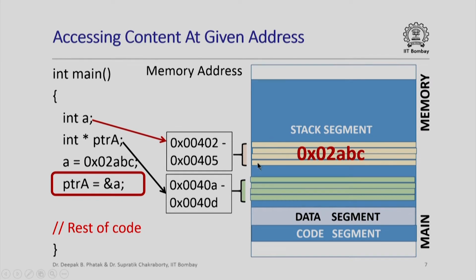There are 4 memory locations corresponding to variable a, and as we have seen in the earlier lecture, we are going to pick up the address of the first of these 4 consecutive memory locations. So we are going to pick up hex 00402 and store it in whatever part of the memory was reserved for the variable pointer a. So that is what is going to happen over there.